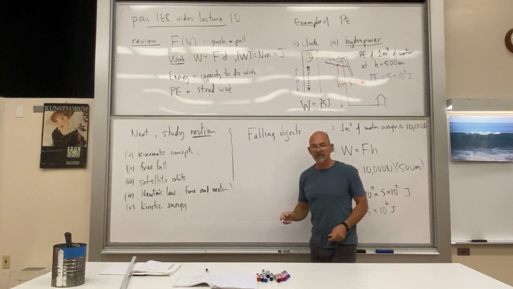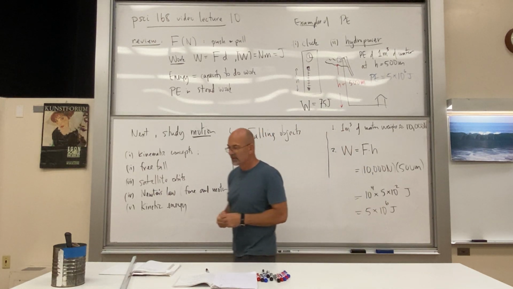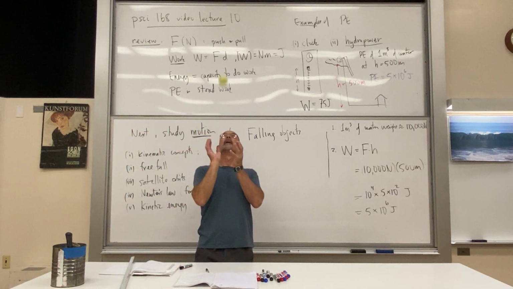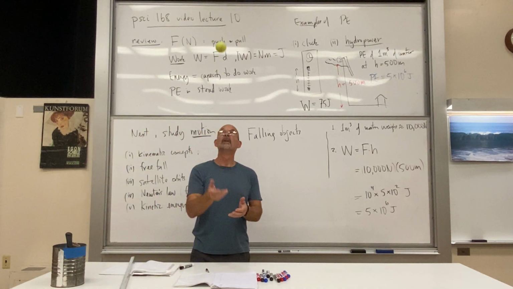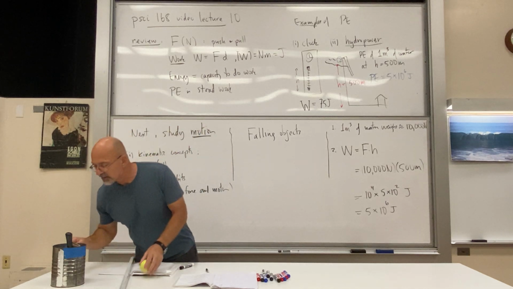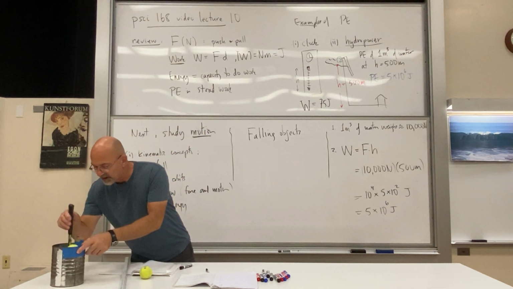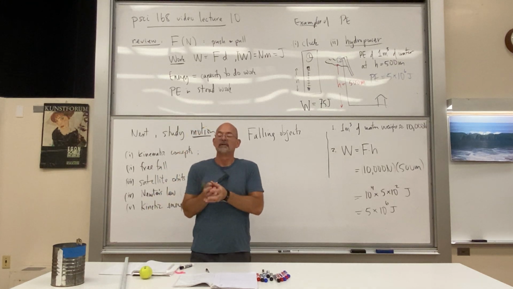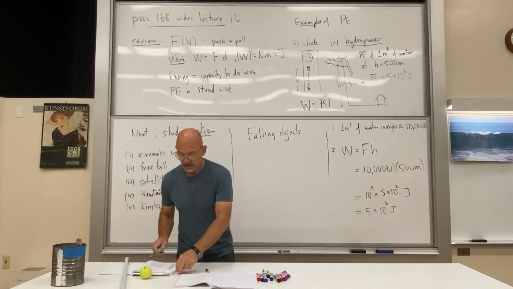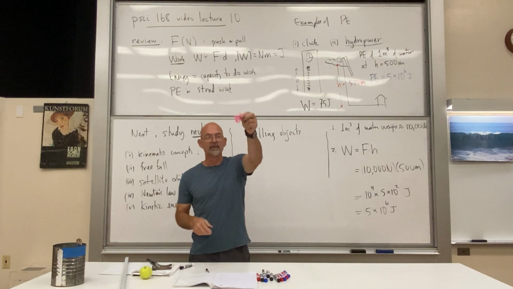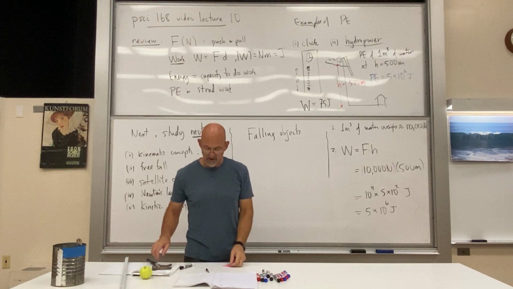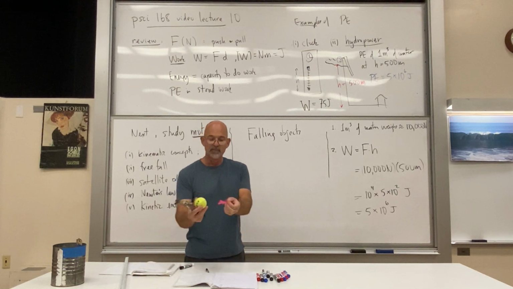You throw a ball up in the air and it comes back into your hand. Tennis ball, right? Throw it up in the air, catch it. That's falling motion. On the other hand, you could throw a hammer up in the air. Watch out. And you could throw a feather up in the air. So there's different types of falling motion. We've got the hammer, tennis ball, the feather.